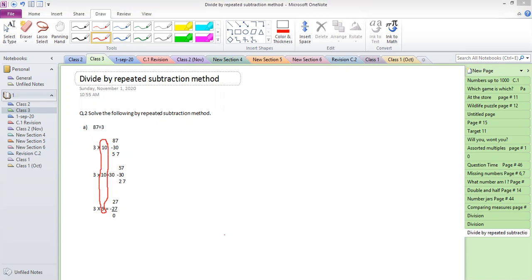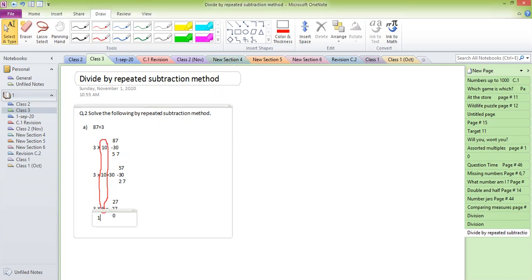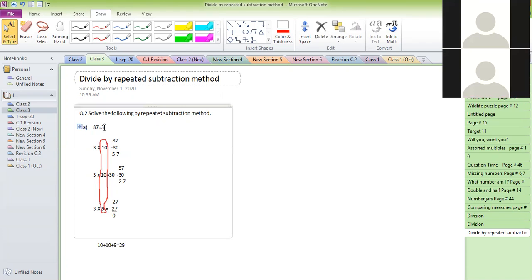So 10 plus 10 plus 9 equals 29. So 29 is the answer. 87 divided by 3 equals 29.